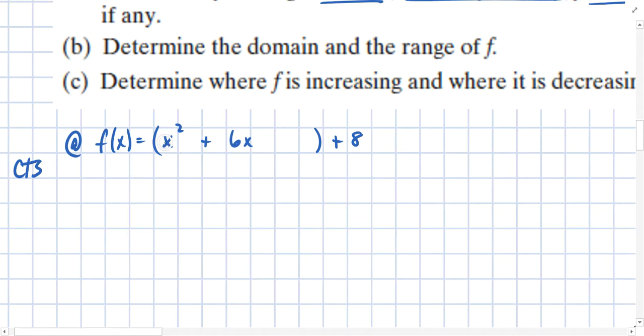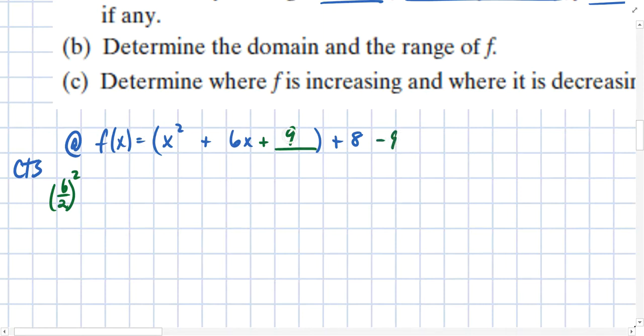The a value inside this grouping symbol is already 1, so we can use the shortcut half of b squared. So half of 6 squared is what I've written here, not b divided by 2. That is a 6. Well, half of 6 is 3. 3 squared is 9. Now, if I'm adding 9 to the interior of this grouping symbol, then I'm going to subtract 9 from the exterior.